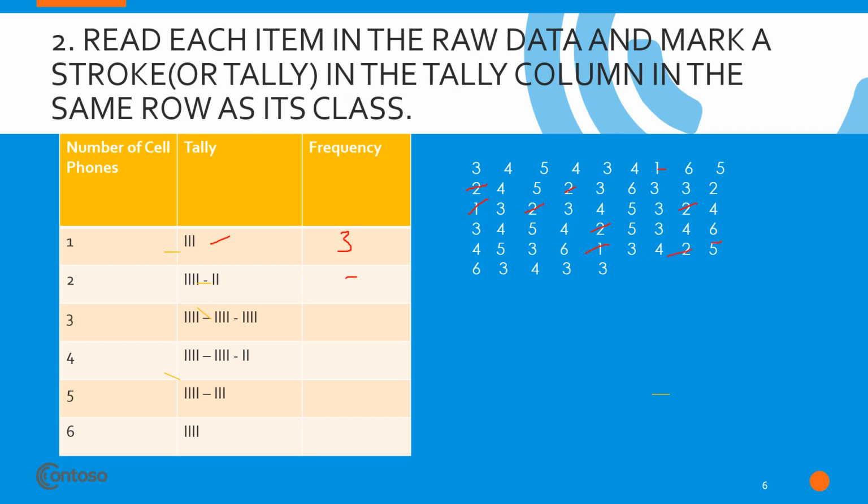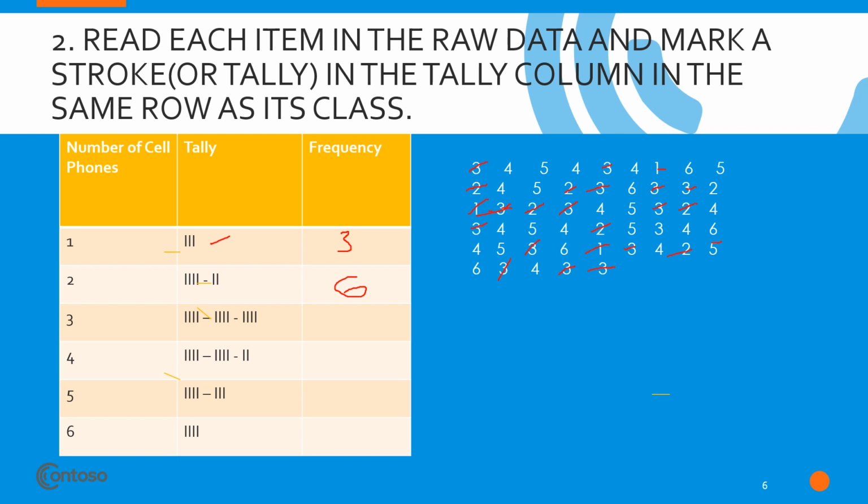So there are 6. It's true. Next, according to the table, we have 4, 8, 12. So let's see if there are 12 families who have three cell phones: 1, 2, 3, 4, 5, 6, 7, 8, 9, 10, 11, 12, 13, 14. So there are 14.